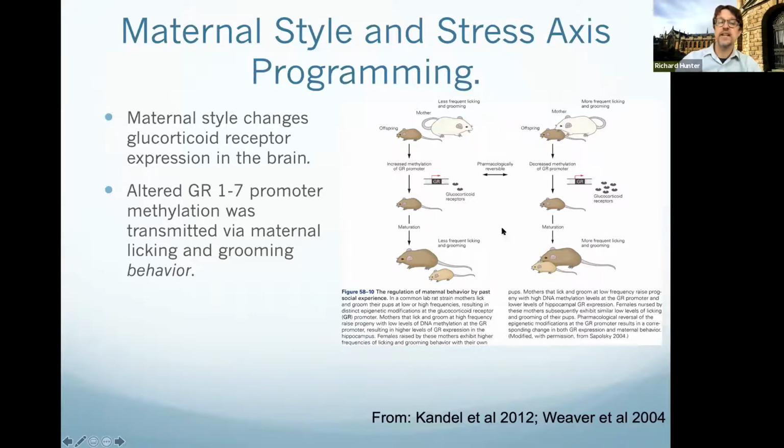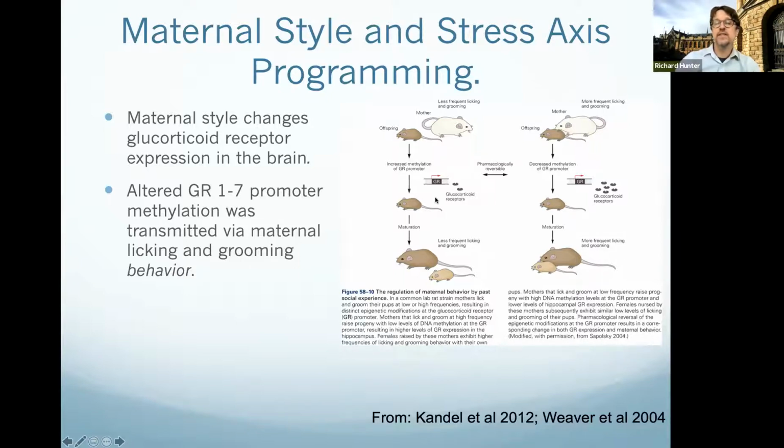And in turn, these animals showed differential response to stress. The low licking and grooming animals were more stress reactive. They were more anxious when you looked at them in the lab. And the high licking and grooming animals were less anxious, less stress reactive. And that's thought because there's good glucocorticoid receptor feedback there.